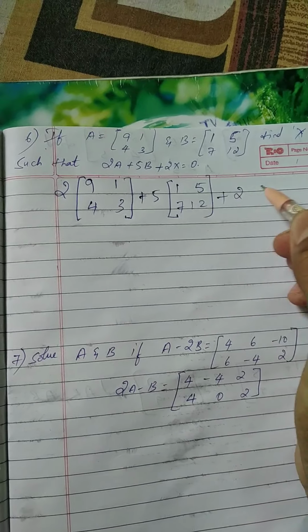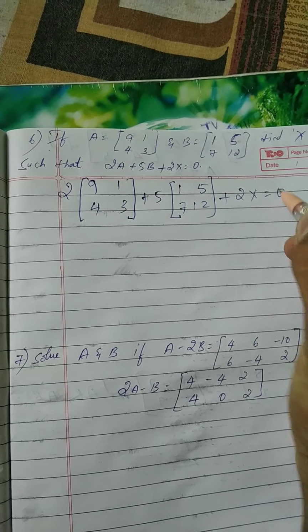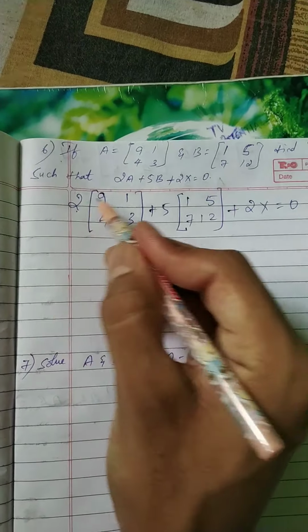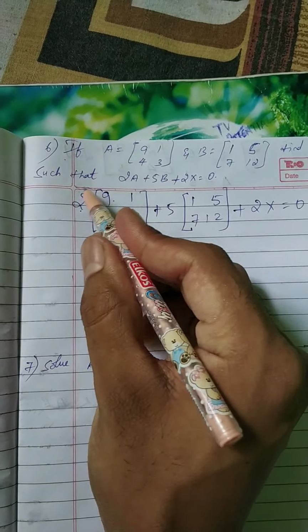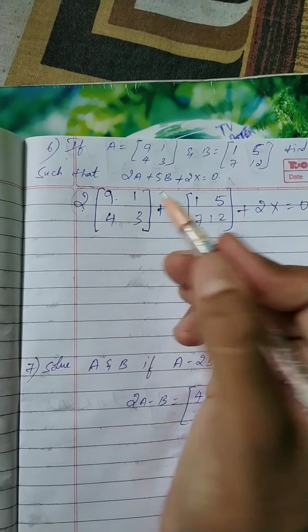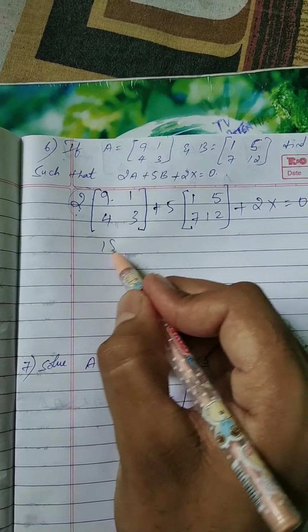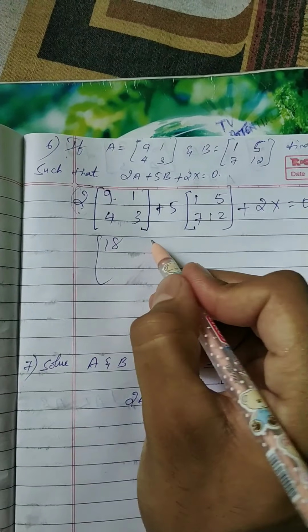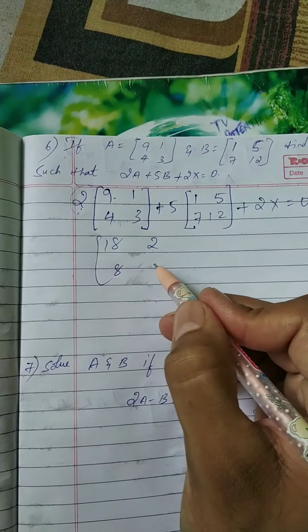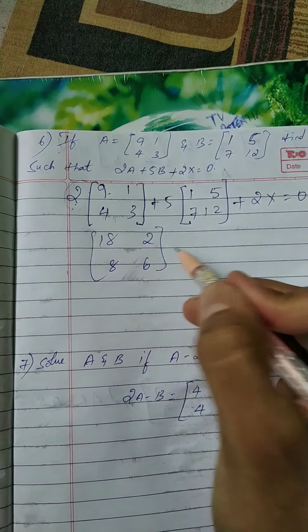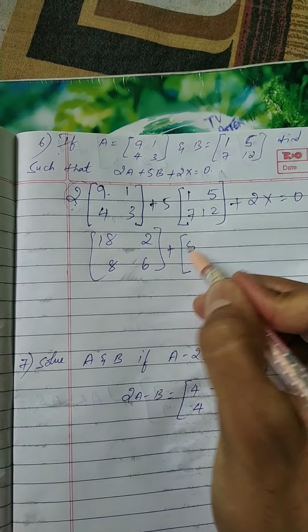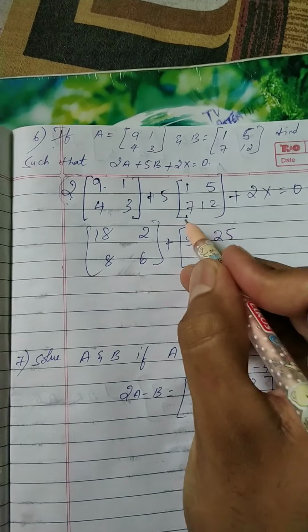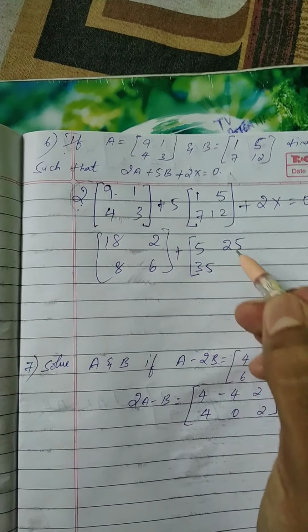plus 2X, we don't know X, is equal to 0. Now we are supposed to multiply this first, right? It is a coefficient, so we have to multiply it with the entire matrix. 2 9s are 18, 2 1s are 2, 2 4s are 8, 2 3s are 6. Then plus 5 1s are 5, 5 5s are 25, 5 7s are 35.